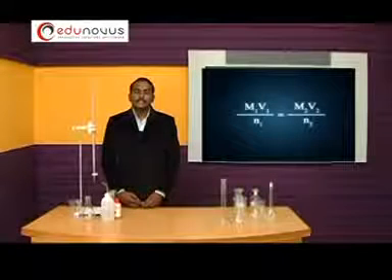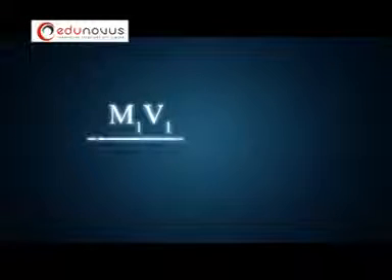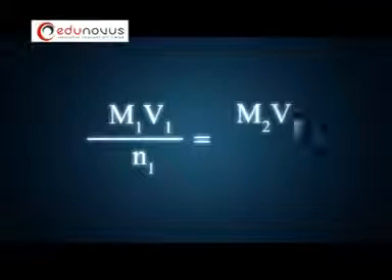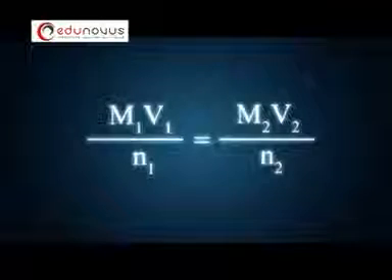The formula used in this experiment is M1 V1 by N1 is equal to M2 V2 by N2.